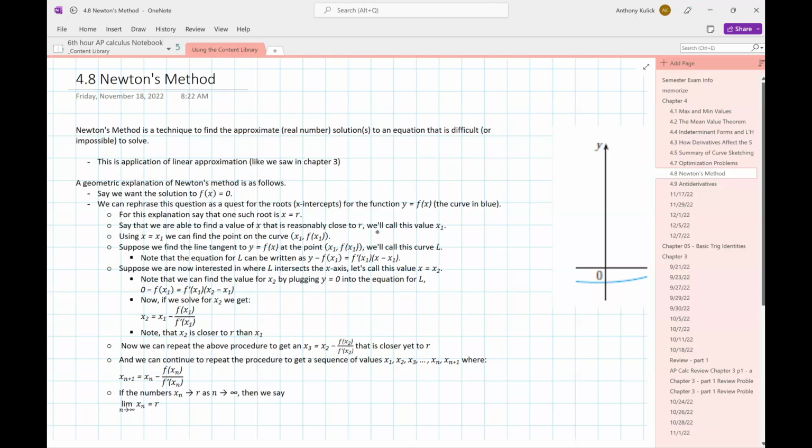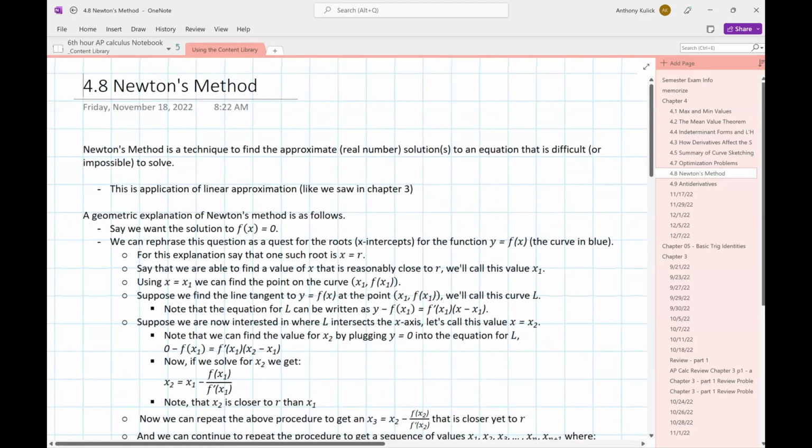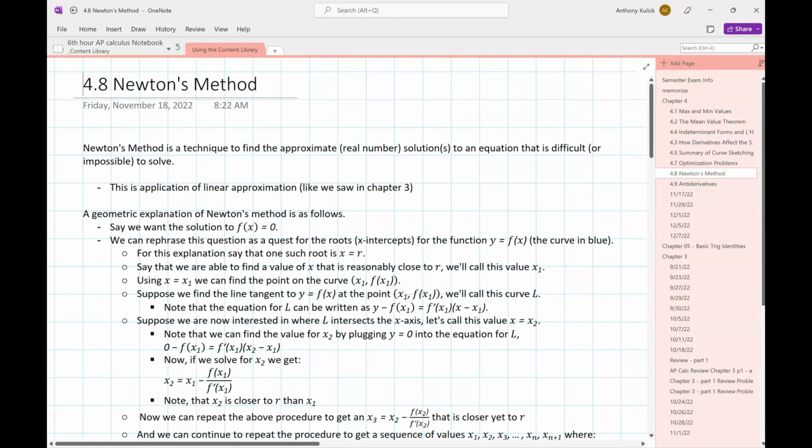All right. 4.8 is about something called Newton's method. Newton's method is an approximation technique for solving an equation. You know how in your calculator you do the zero command when you're graphing, or the max min command?